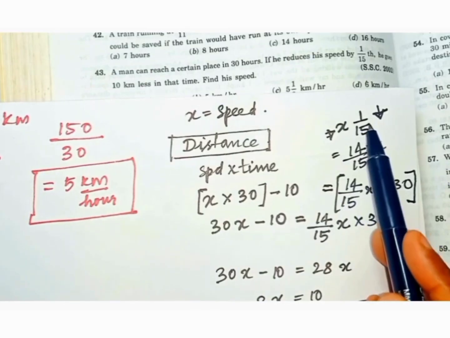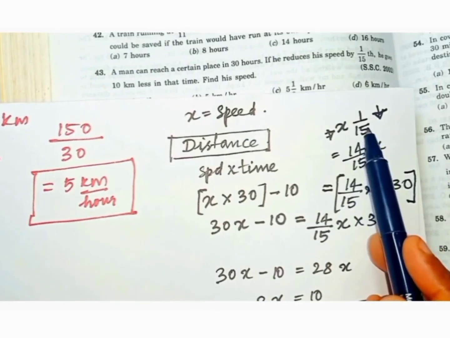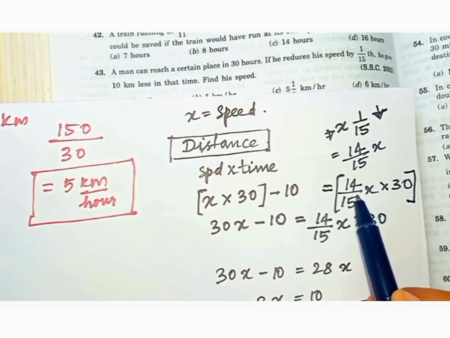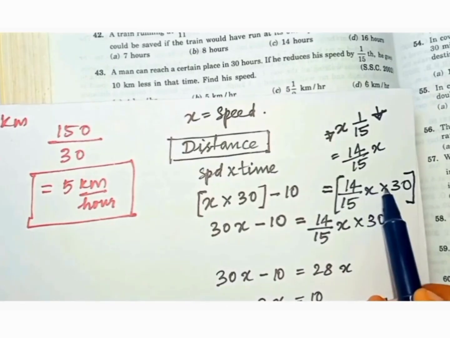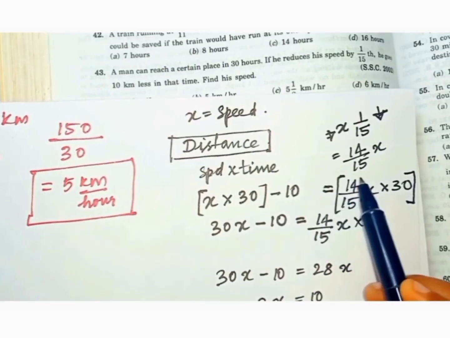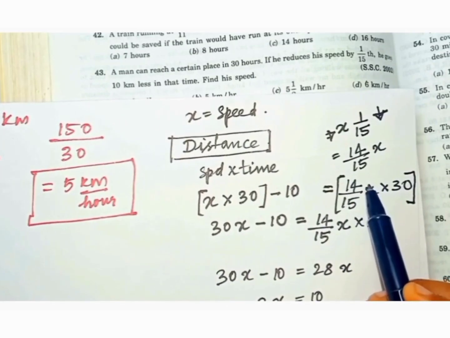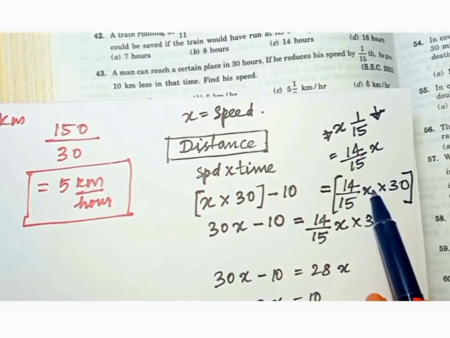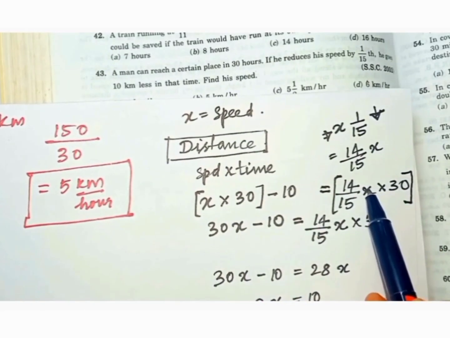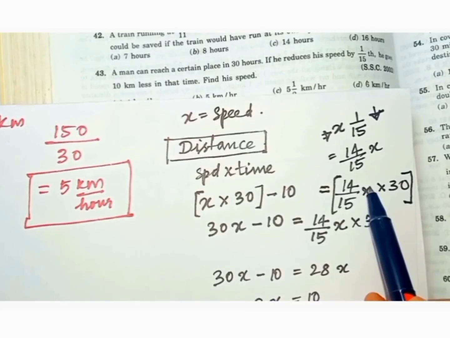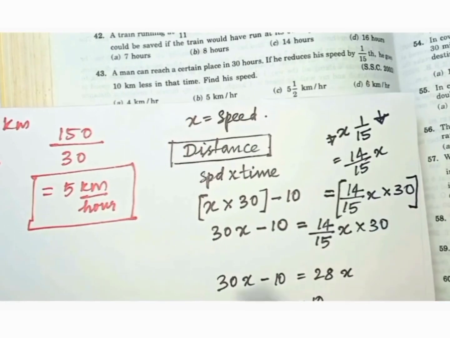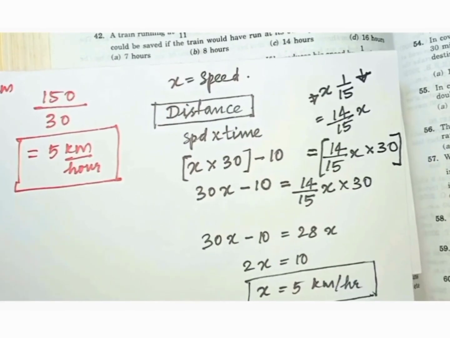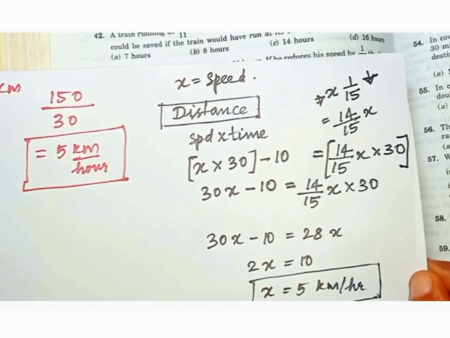If he's going to reduce 1 by 15 of his original speed, he will end up taking 14 by 15 of his original speed. And to remember is here, both the speeds are reduced from the original. Only thing you have to consider is what speed you have to consider in order to solve this question. Hope this is clear.